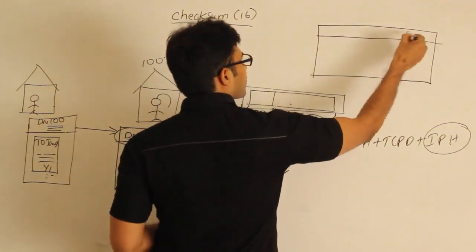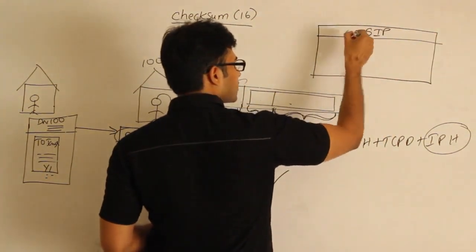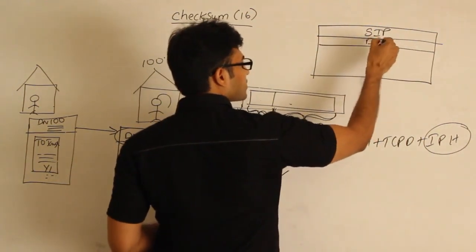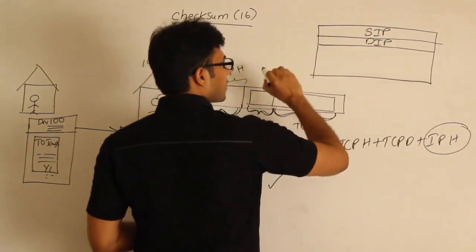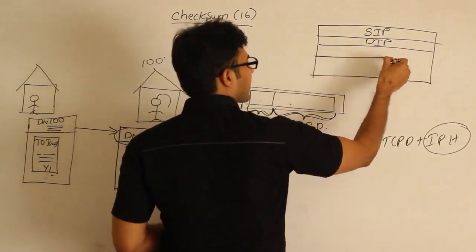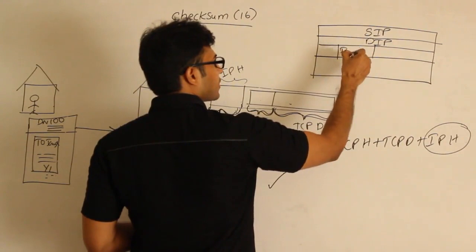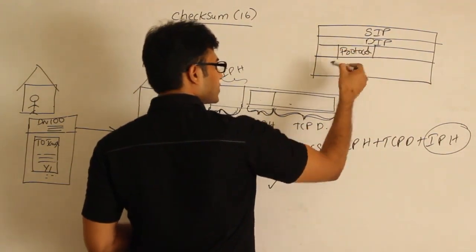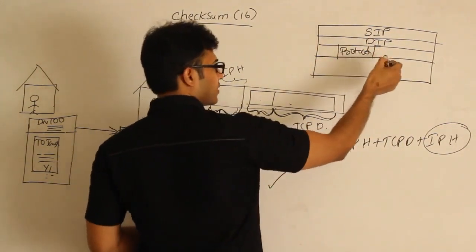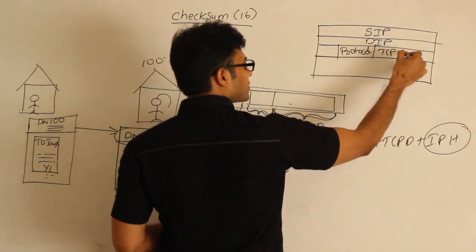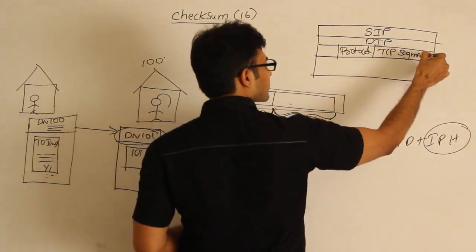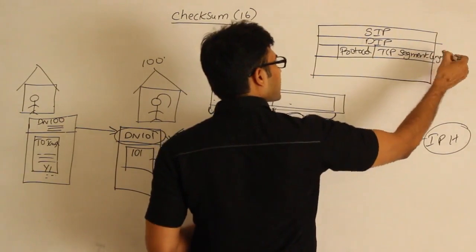The source IP does not change when the packet reaches the destination, and the destination IP doesn't change either. Along with this, the protocol field doesn't change, which is nothing but TCP inside it, and the TCP segment length doesn't change.